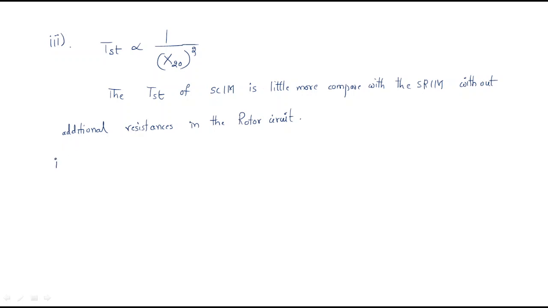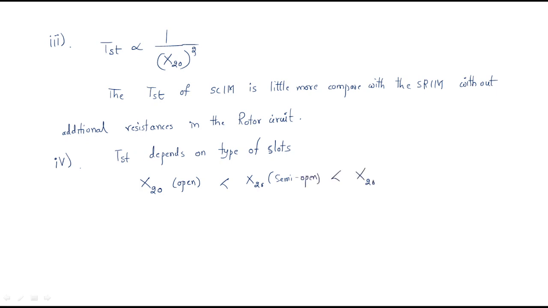And the fourth point here is that starting torque depends on the type of slots. How does it depend? Same as the maximum torque. X2 naught for open slots is less compared with X2 naught for semi open slots, and less compared with X2 naught for closed slots.